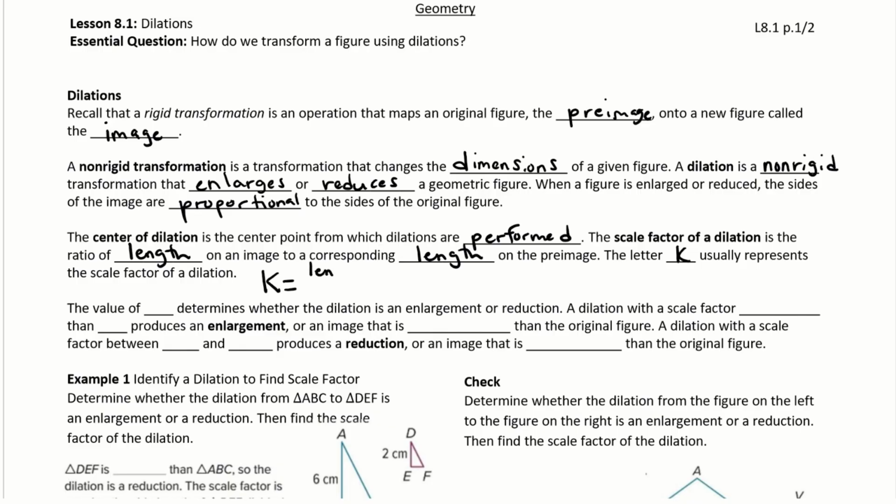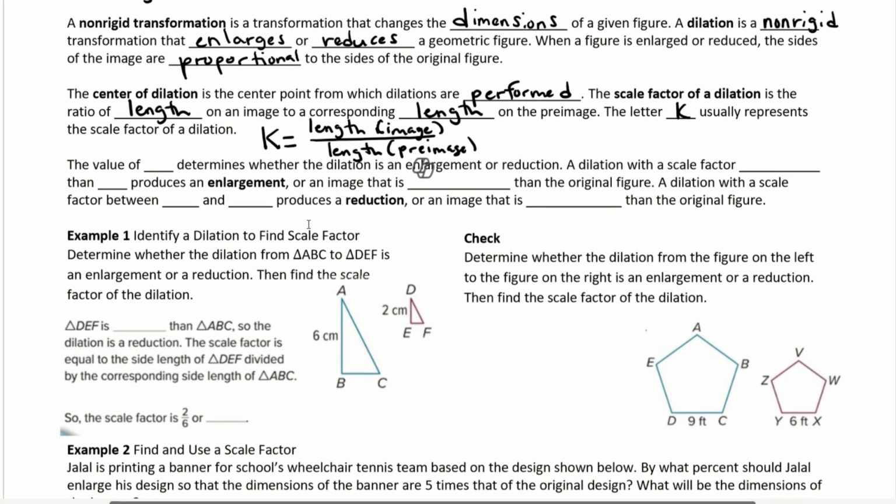So K equals length (image) over the length (pre-image). This is the formula that we're going to use for finding the scale factor.